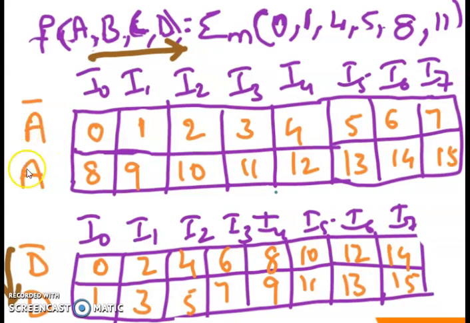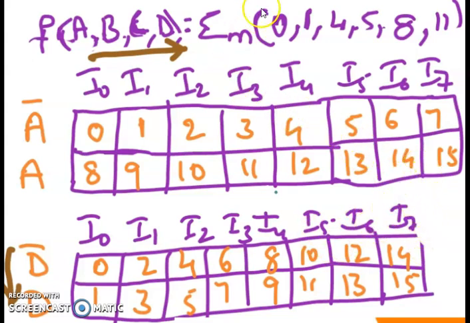If the most significant bit is being reduced, we need to follow this direction of writing the contents 0, 1, 2, 3, 4, 5, 6, 7, 8, 9, 10, 11, 12, 13, 14 and 15. When we are reducing for D, we need to follow this direction because this is the least significant bit: 0 to 15.